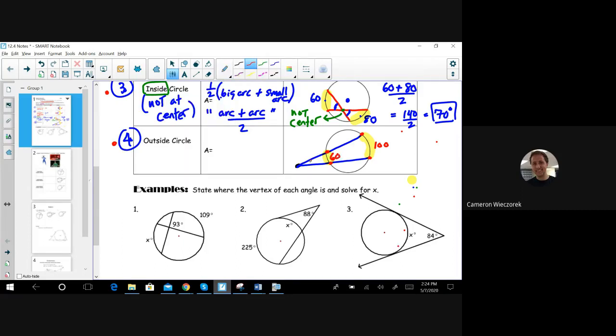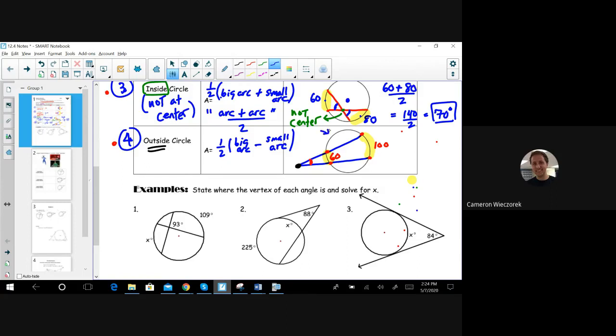If I want to find this angle out here in red, notice the vertex of the angle, I'm going to do it with a thick black dot, that is outside the circle this time. Okay? Instead of adding up the two arcs and dividing by 2, the only difference I'm going to do this time is I'm going to take half the difference. I'm going to subtract them instead. So it's going to be 1/2 the big arc minus the small arc.